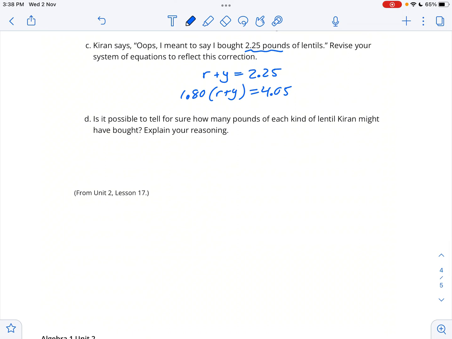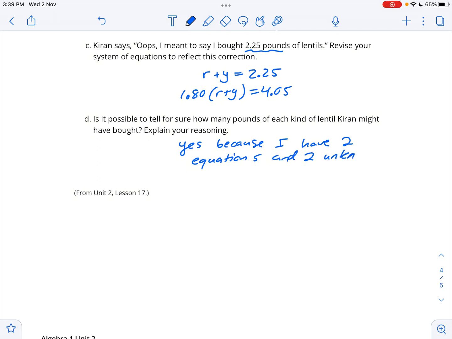And part D says, is it possible to tell for sure how many pounds of each kind of lentil Kieran might have bought? Explain your reasoning. Yes, it is, because we've got two equations and two unknowns. So I'm going to say yes, because I have two equations and two unknowns.